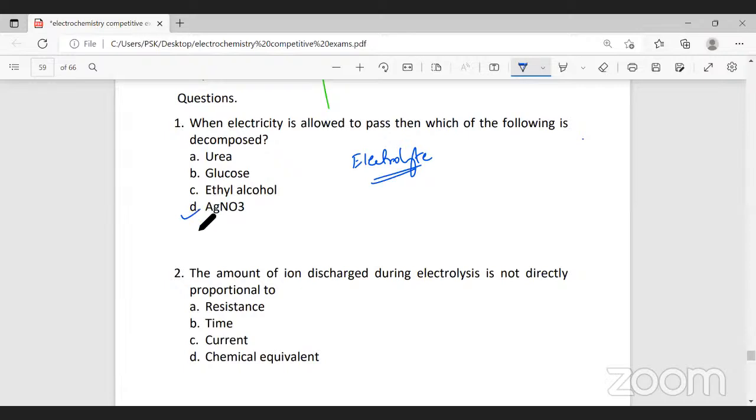It's AgNO3, silver nitrate, because all these are non-electrolytes. They will not decompose when dissolved in water. Therefore, they are non-electrolytes. So silver nitrate will dissociate to form Ag+ and NO3-. So this silver nitrate is called an electrolyte. So silver nitrate will decompose on passing electricity. So the answer for this question is option D.